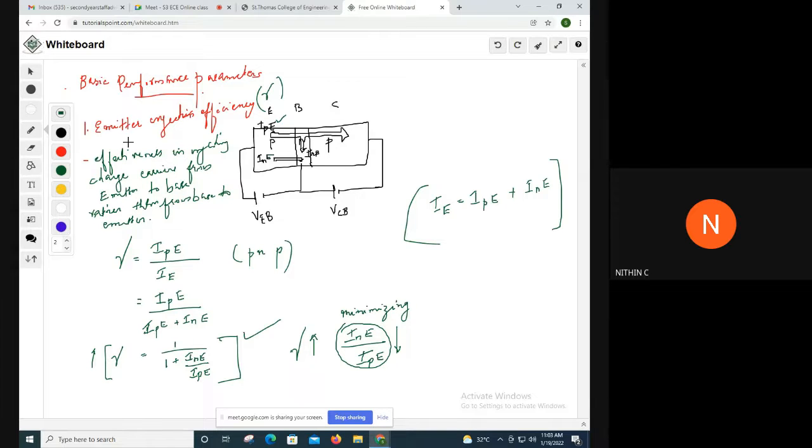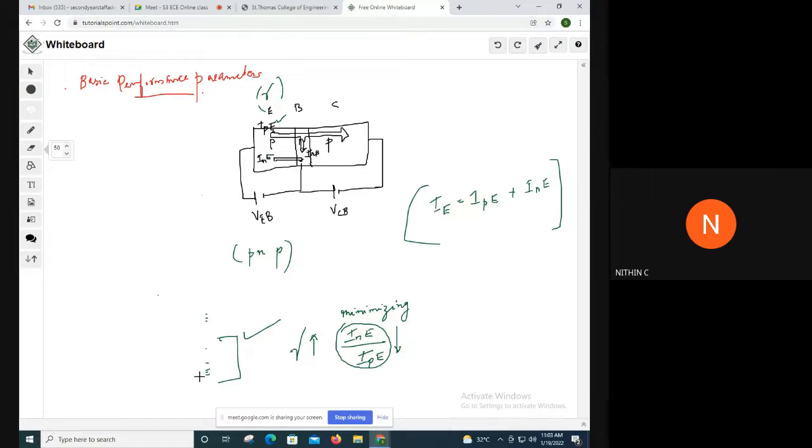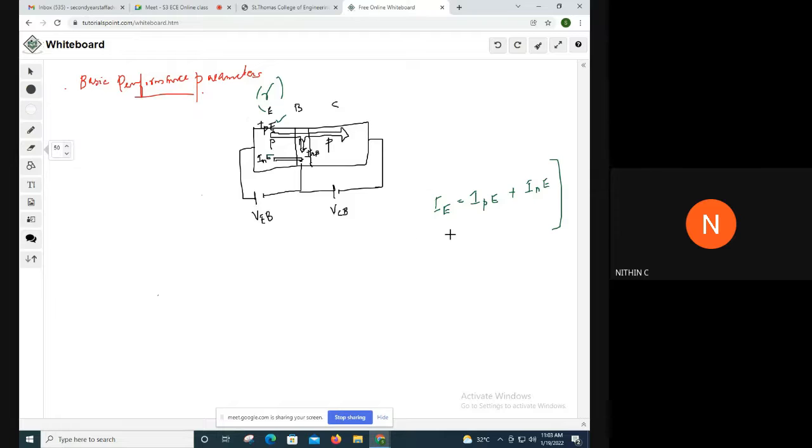Okay, so the next parameter is base transport factor.